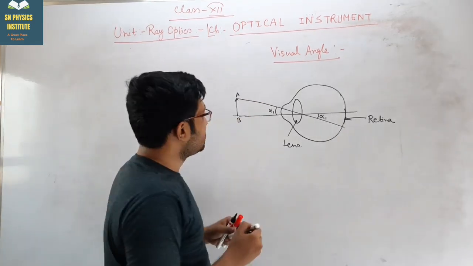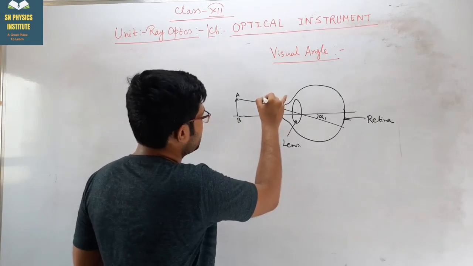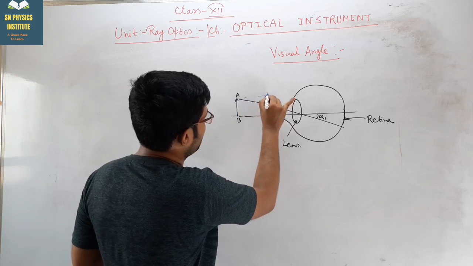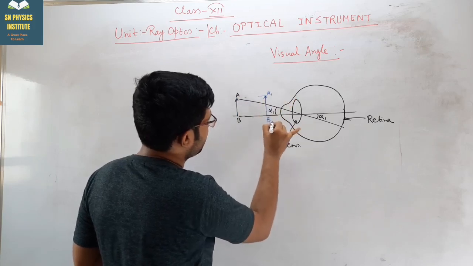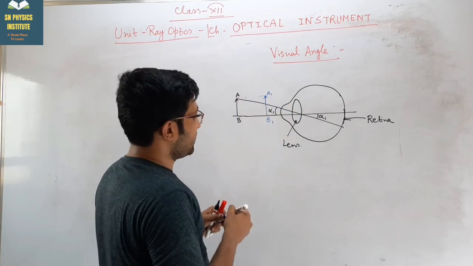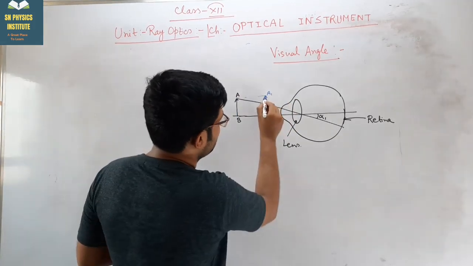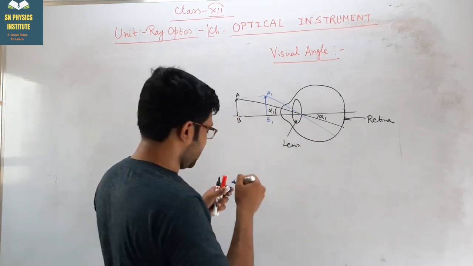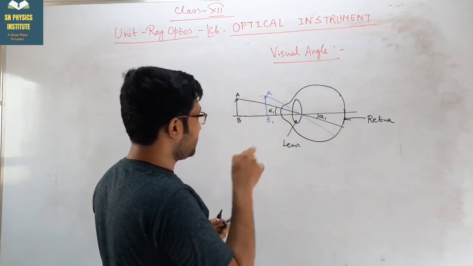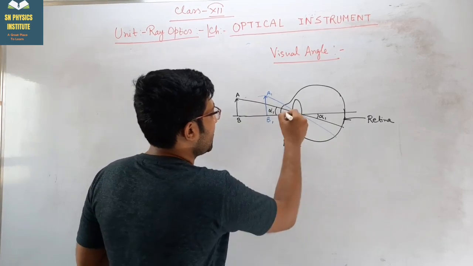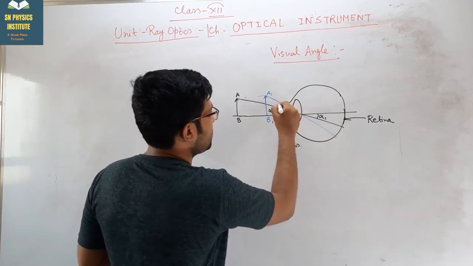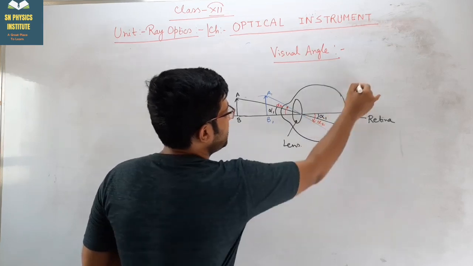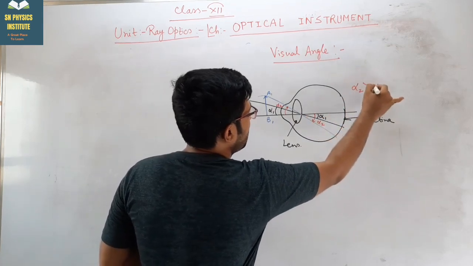Now the same object is very near to your eye. If I draw the same AB object of the same height, I write it as A1 B1. Since it is closer to your eye, how much angle will it make? It will make angle alpha 2, and alpha 2 is greater than alpha 1.